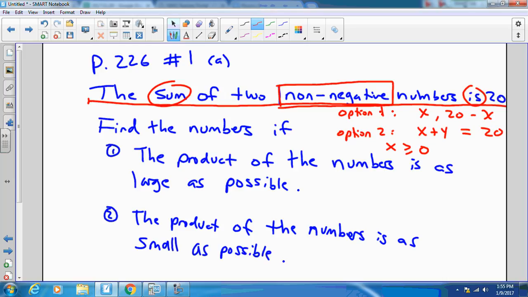But actually, it's telling me something a little bit more. Yes, because if x must be greater than or equal to 0, 20 minus x has to be greater than or equal to 0 also, which means that x cannot be larger than 20. So this is the closed and bounded domain for my problem.